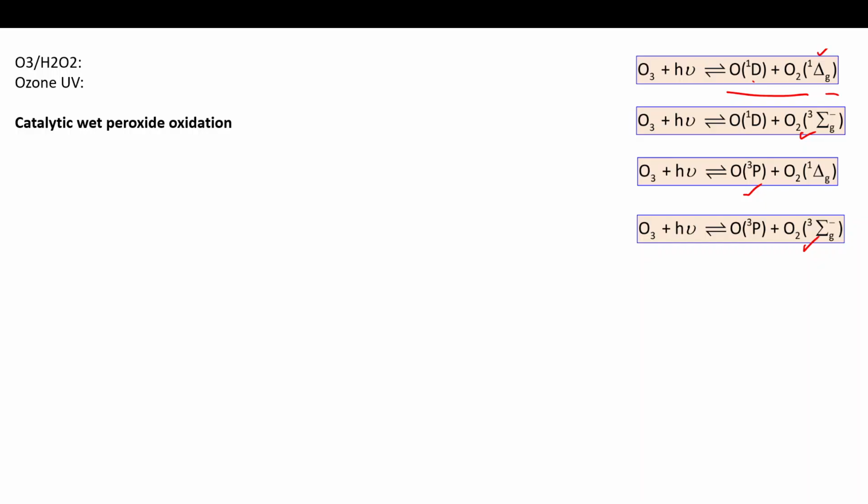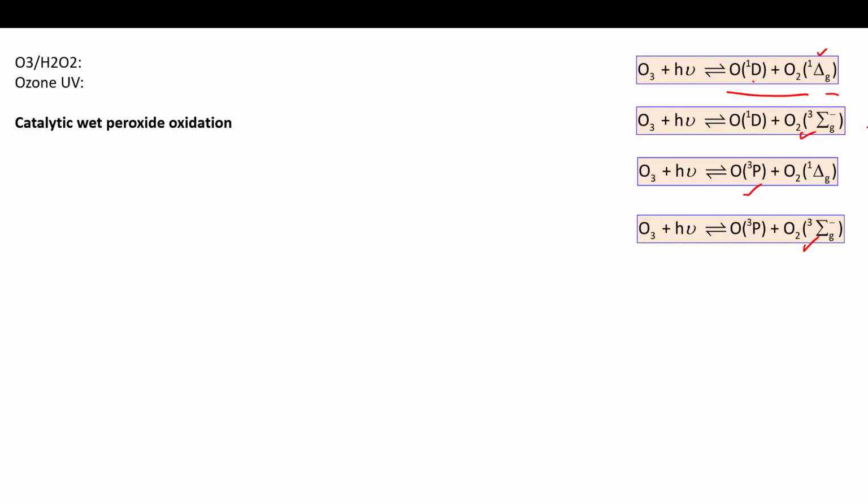So if we talk about UV ozone or ozone UV, then in the presence of UV, this type of species form, which are nascent oxygen species, and they are very reactive to react and oxidize the organics.